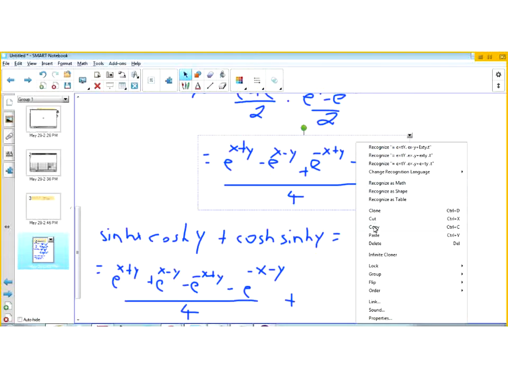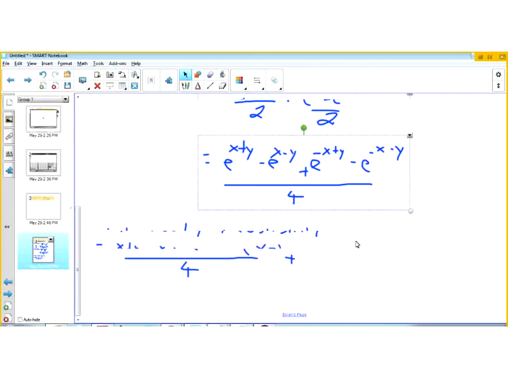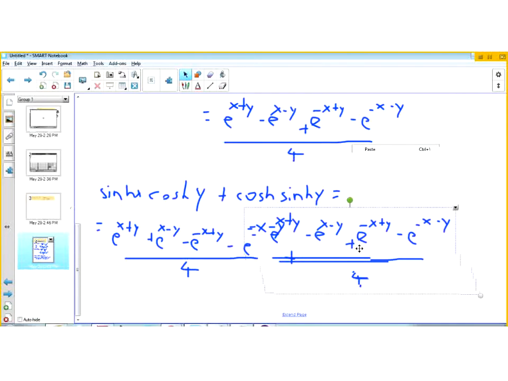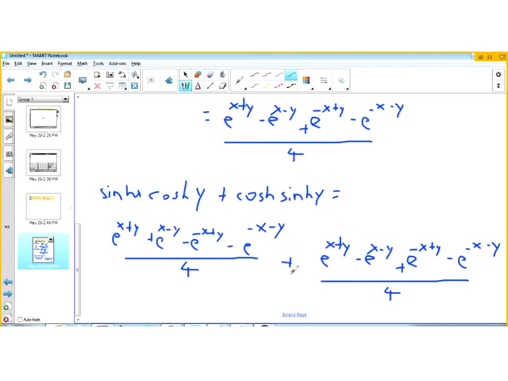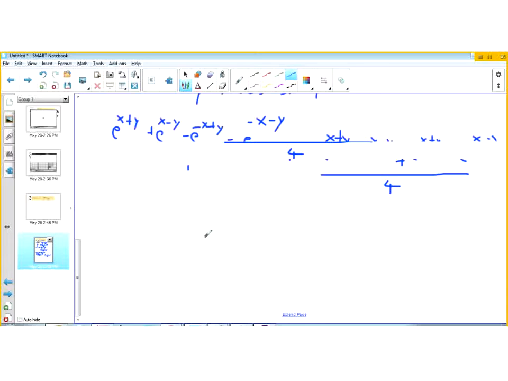Pretty cool, huh? Copy, and then paste here. And so let me touch it up a little bit. Let me erase this. Erase this, okay. And so we want to add these two quantities together. All right, so what do we have?